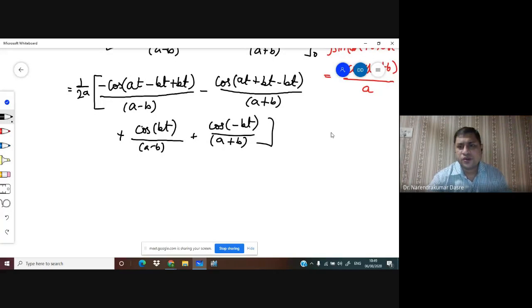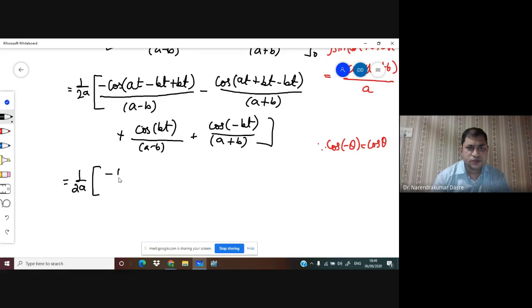Now since we know cos of minus theta is equal to cos of theta, this is equal to 1 by 2a.